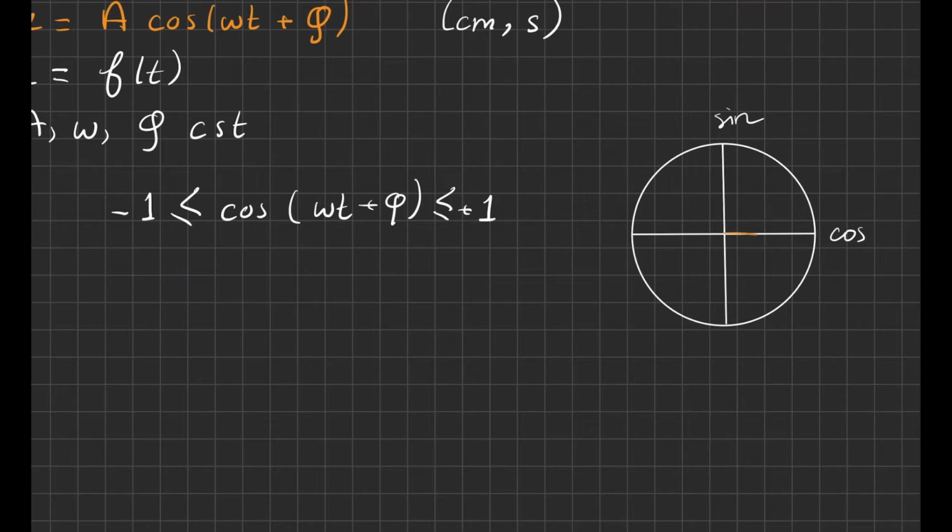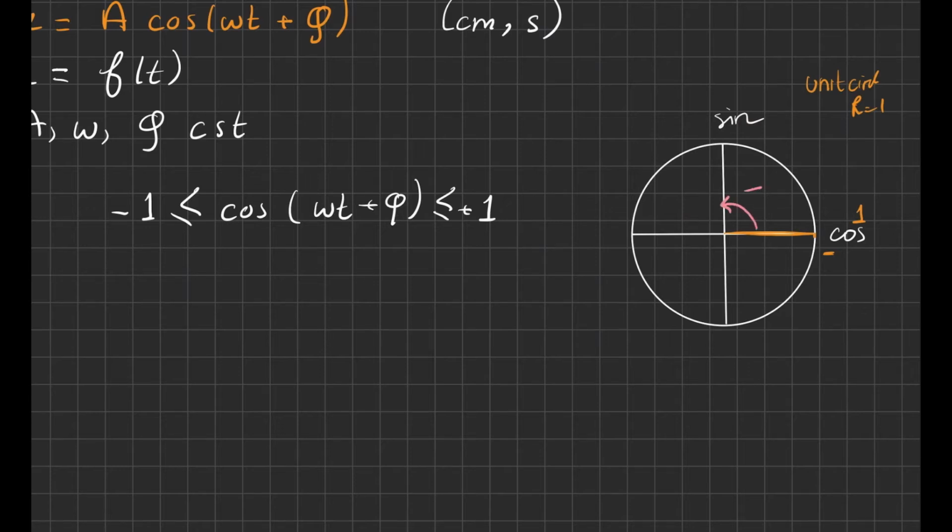Again, when the angle is 0, so it's here, we project on the cosine axis, and the projection would be all the line. So when the projection is all the line and it's a unit circle, r equals 1, all the line is 1. So cosine would be 1.